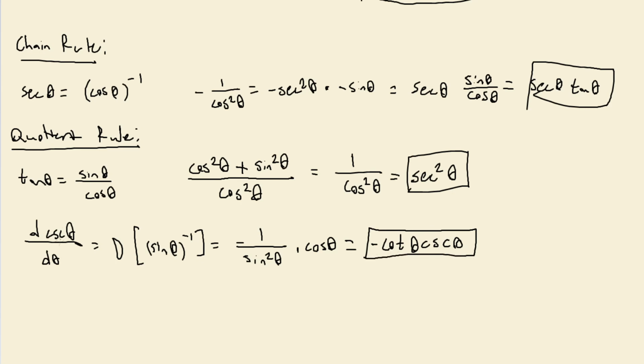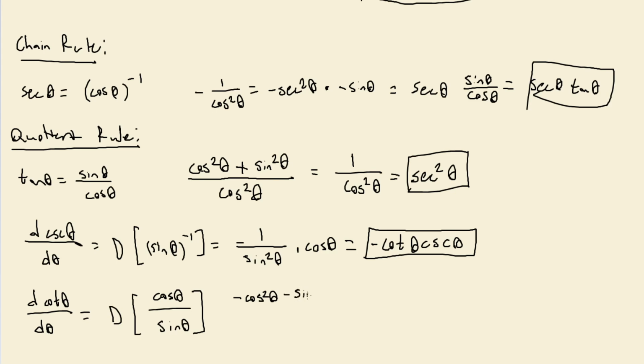And our derivative for cotangent of theta with respect to theta is just going to be equal to the derivative of cosine theta divided by sine of theta, which is going to be the derivative of the top times the bottom, which is cosine theta times negative cosine theta, which is going to be negative cosine squared theta. And then we're going to subtract the top multiplied by the derivative of the bottom, which is going to be equal to sine of theta multiplied by sine of theta.